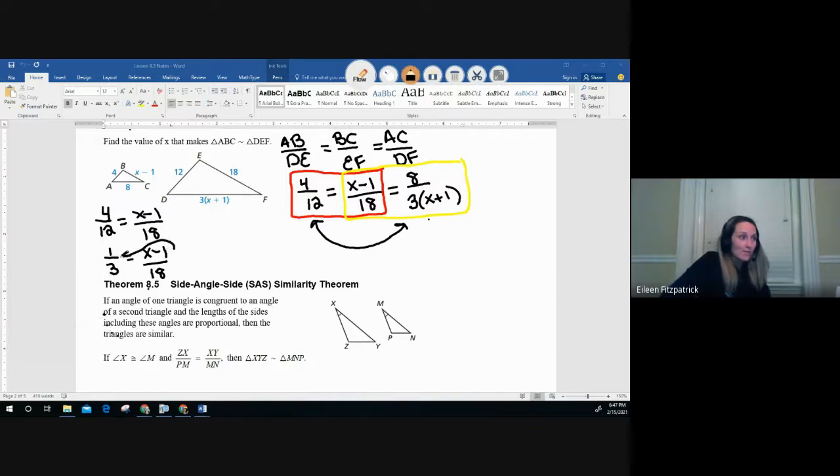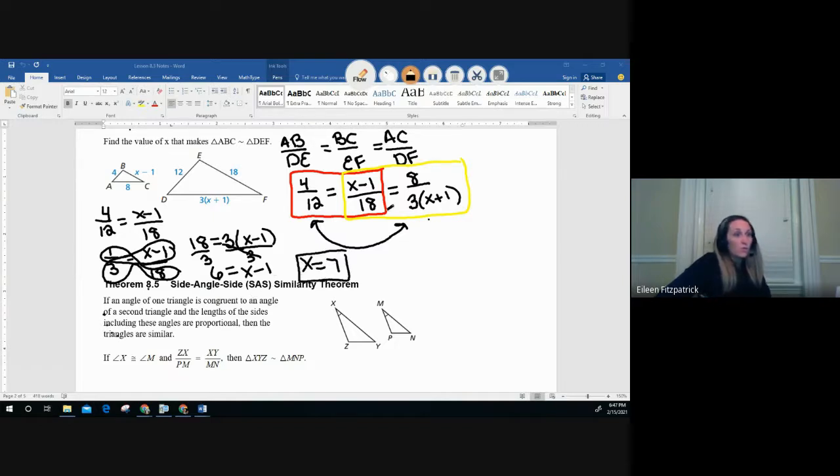So now I'm going to cross multiply. So I have 18 is equal to 3 times the quantity x minus 1. I would not distribute the 3. Instead, I would just divide both sides by 3. The goal is to solve for x, so divide both sides by 3. So 6 equals x minus 1, and then add 1 to both sides, so x equals 7.